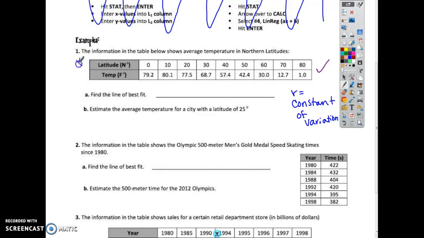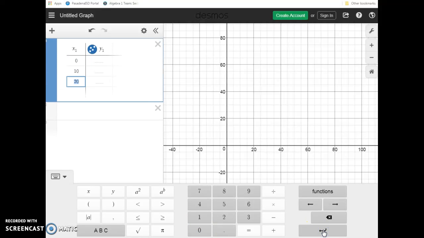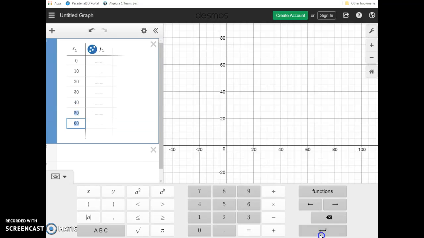The top is the x's and the bottom are the y's. So I'm going to type 0, 10, 20, 30, 40, 50, 60, 70, 80 first, and then we're going to do the whole bottom line. Okay? So, 0, enter. 10, enter. 20, enter, and it starts giving you the pattern. So you don't have to keep typing it, just keep pressing enter until you get to 80.